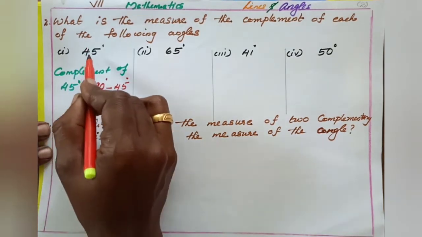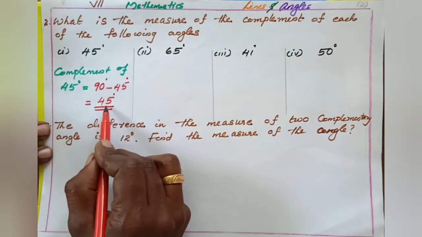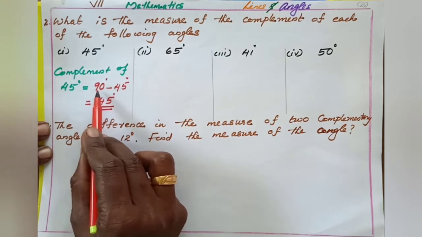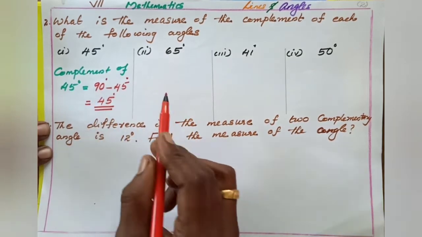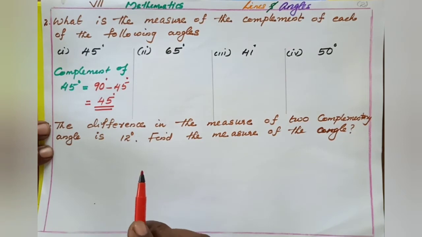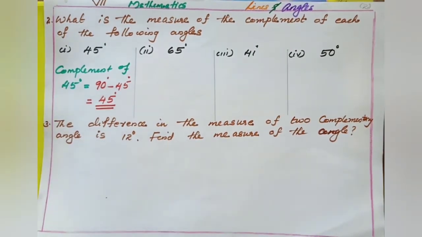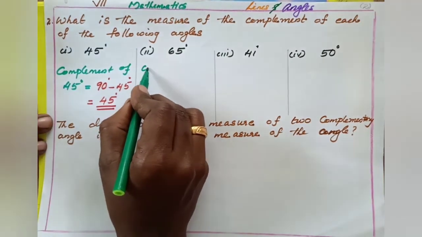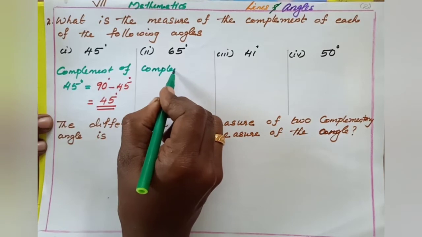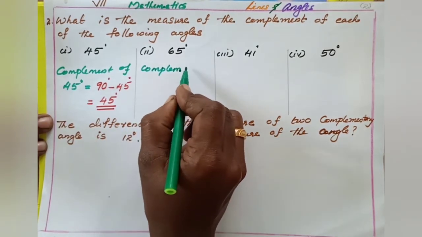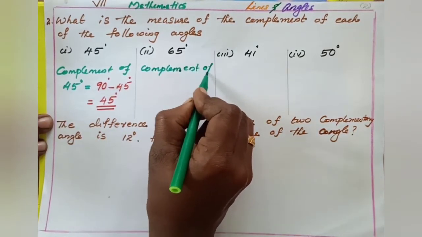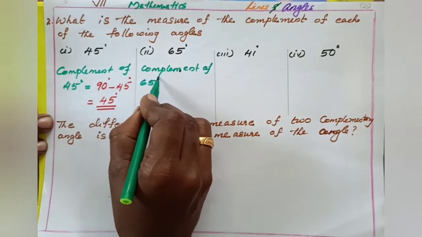Adding these two angles, 45 plus 45, we get the sum equal to 90. Okay. Then second question is 65 degree. Same method to find the complement of 65 degree. Subtract 65 degree from 90 degree.